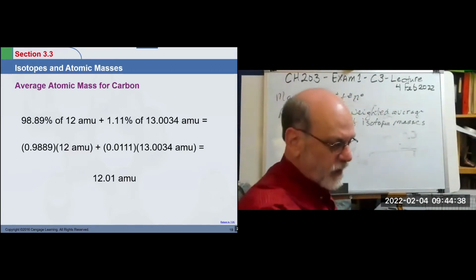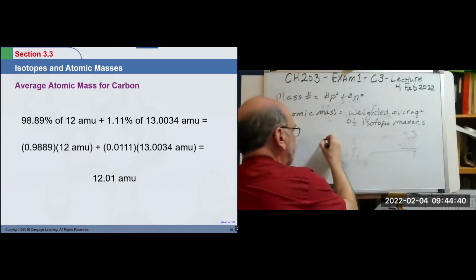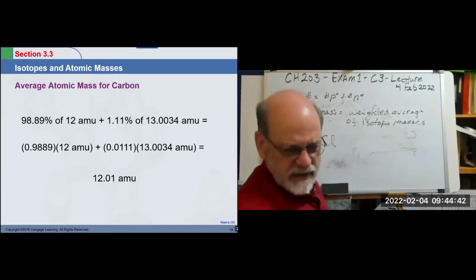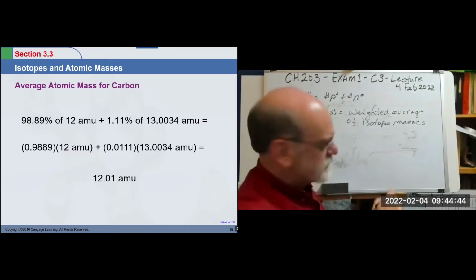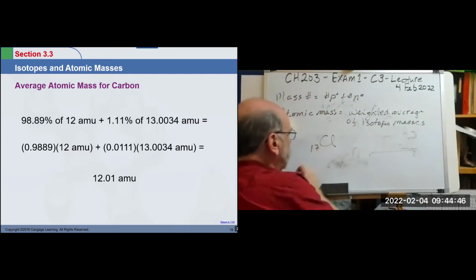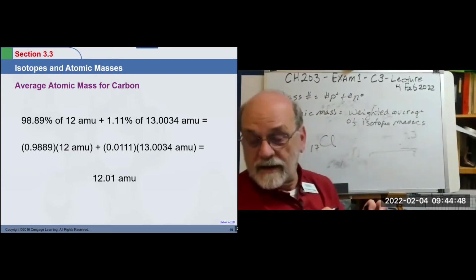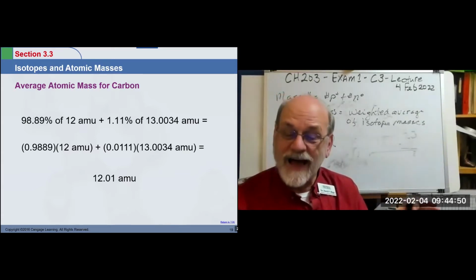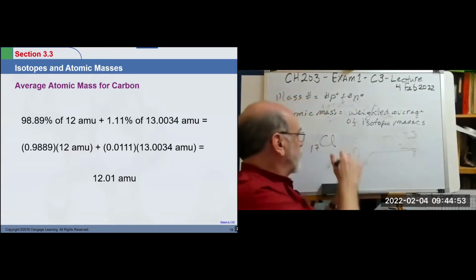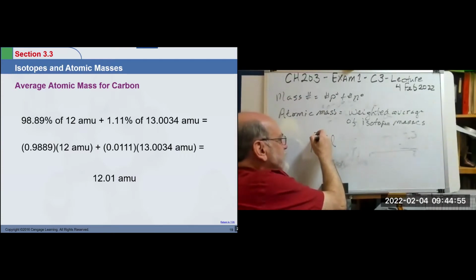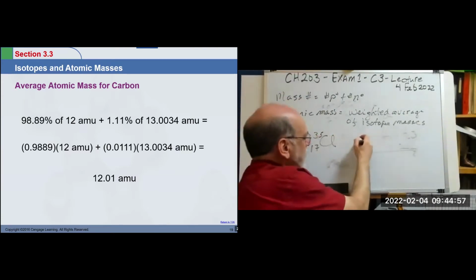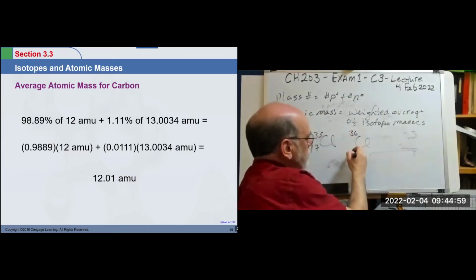So if naturally occurring chlorine, which is 17 here, is 35.5, then it probably has about half of this one and about half of this one.